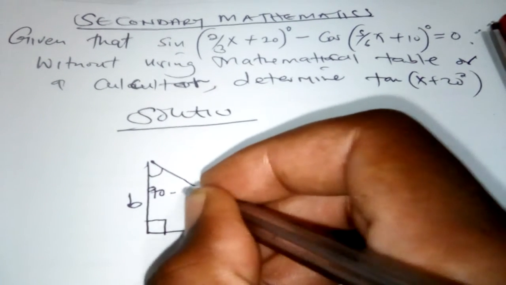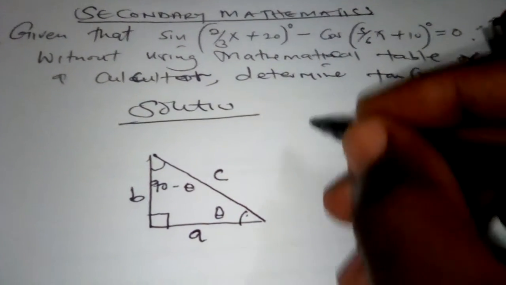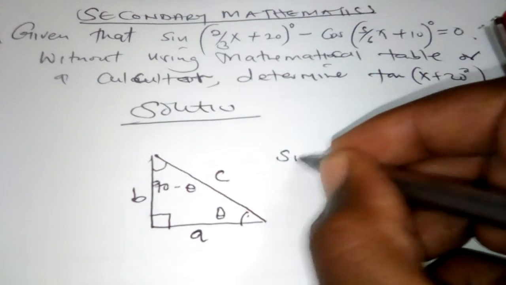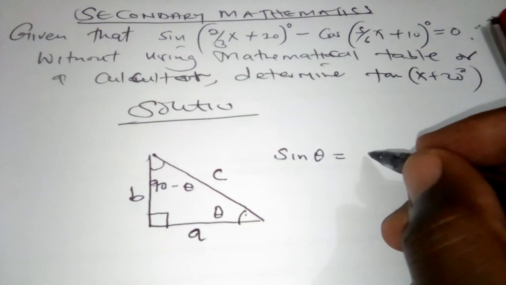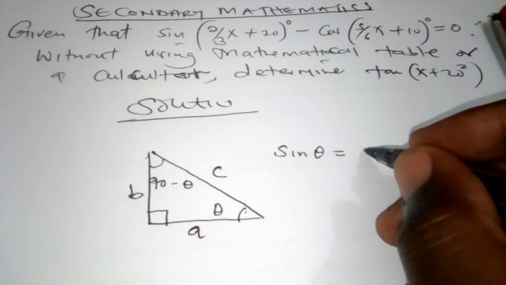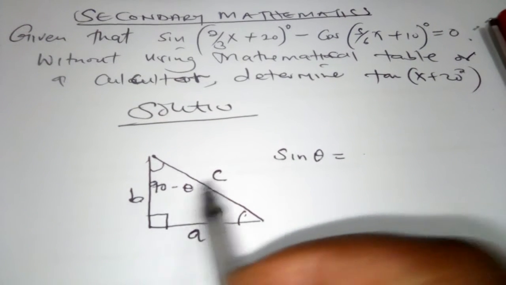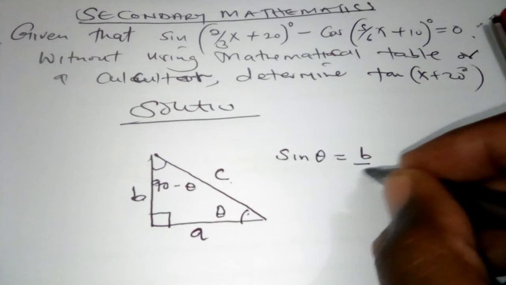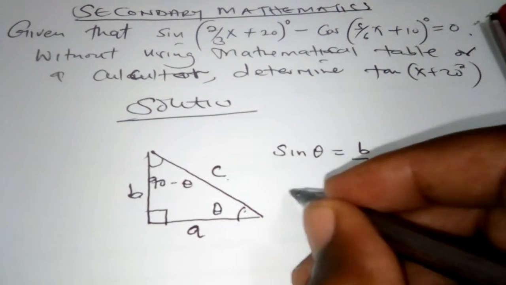This other angle is going to be 90 minus theta. If I get the ratios, let's say sine of theta, you know it is always opposite over hypotenuse. Our opposite is this one, and our hypotenuse is this, so it is B over C. Allow me to put that as equation number 1.